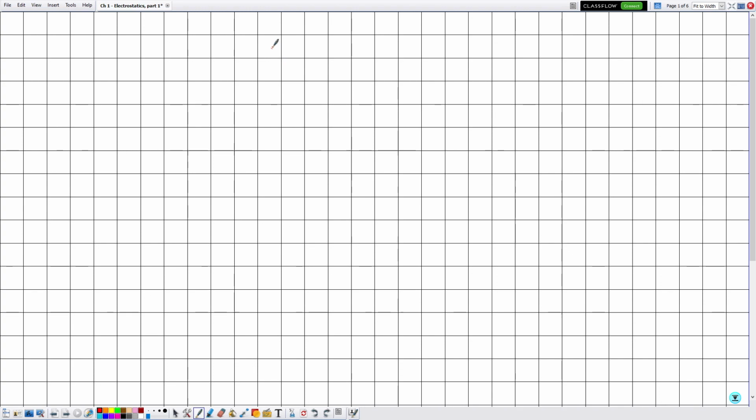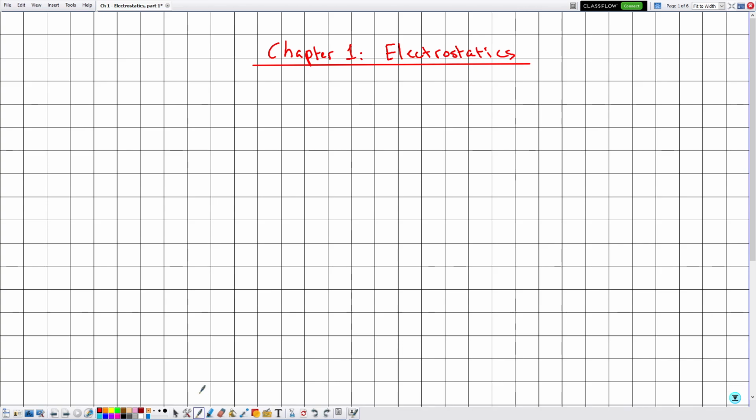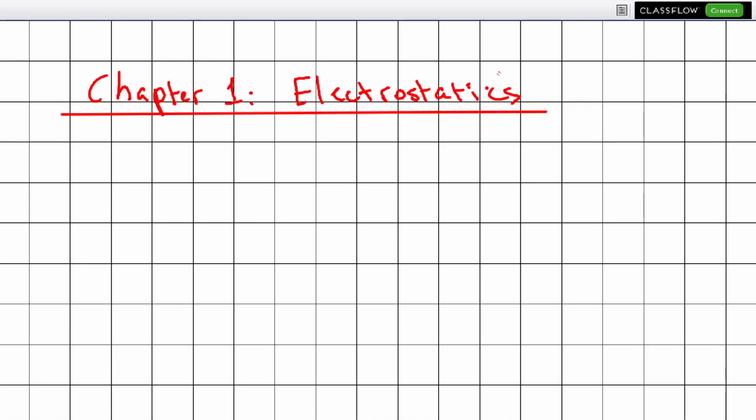So, chapter 1. The title of this chapter is electrostatics, and the first part of this title refers to electricity.